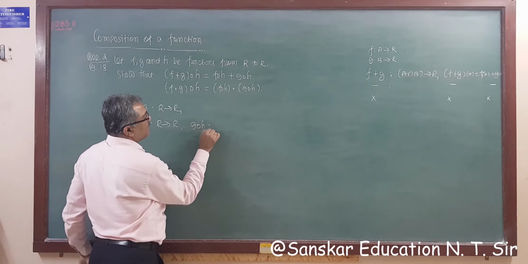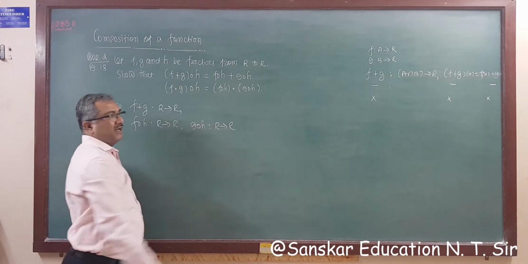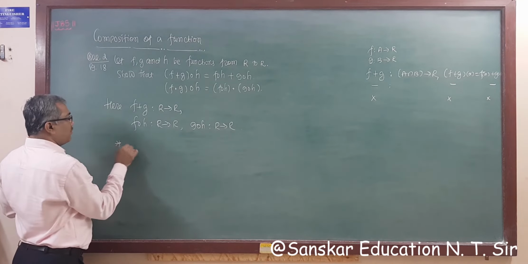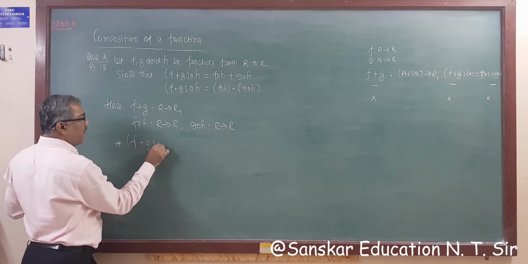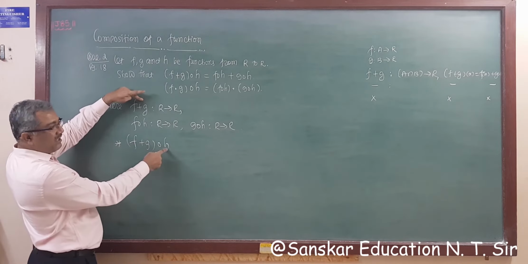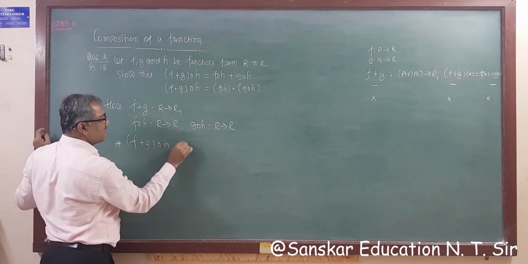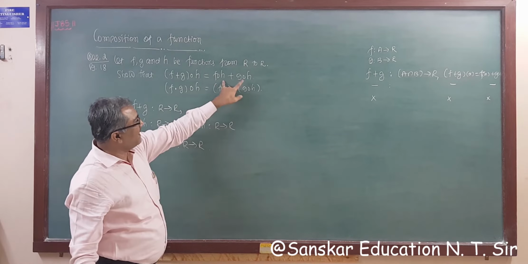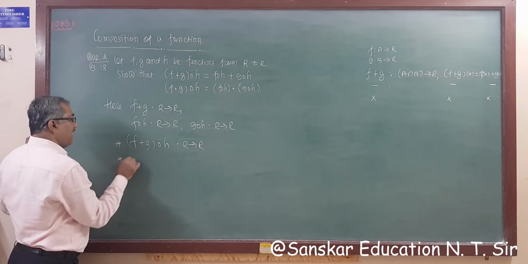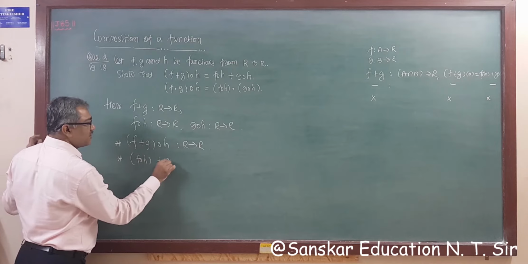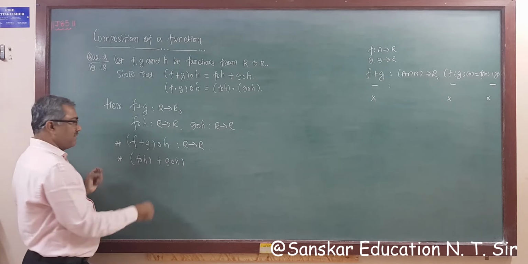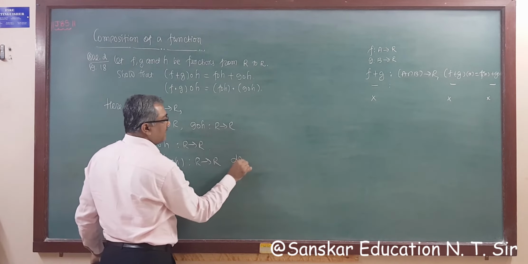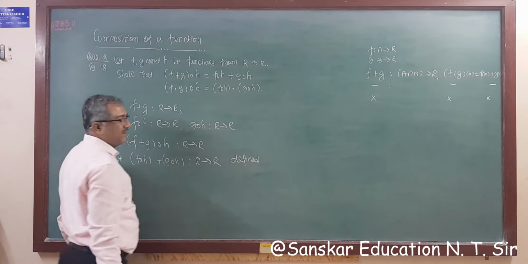Then f plus g over h, for these two functions and h, is again from R to R. And f over h plus g over h is also defined from R to R. So these all are defined like this.